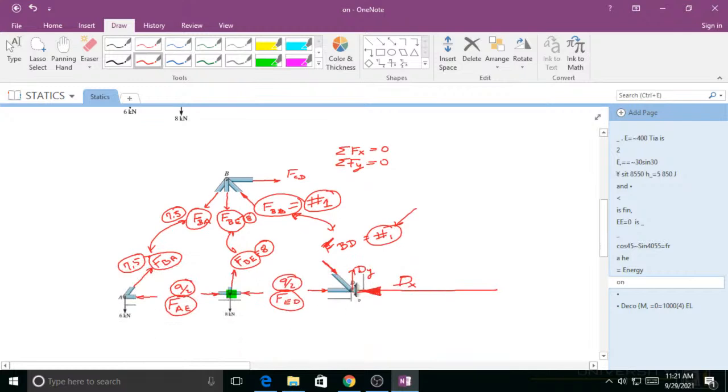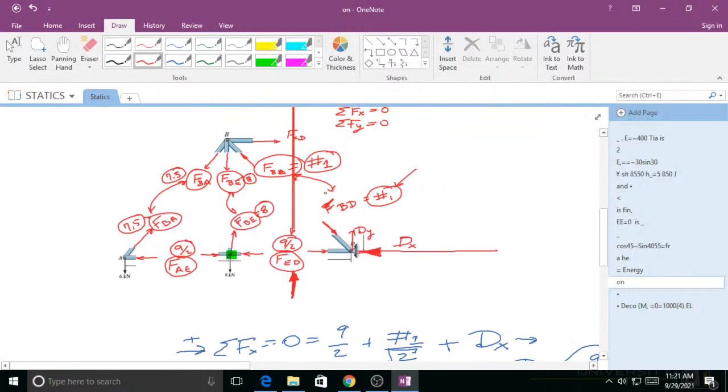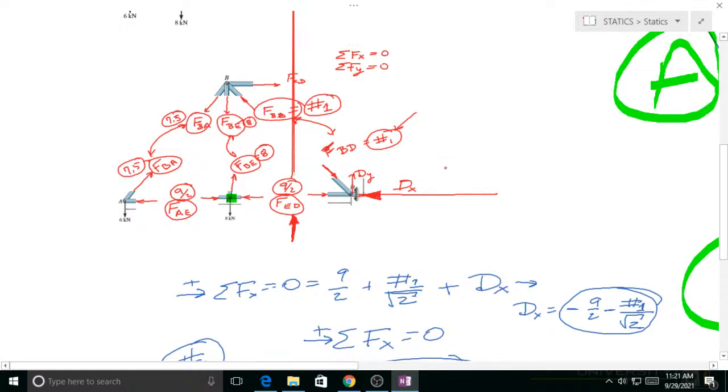Yeah, I did. Check it out. I called it ED, but it's DE. So I got that one. That was the 9/2. I don't know what happened there. That was weird. I better take that off. So I did. I got the same thing.